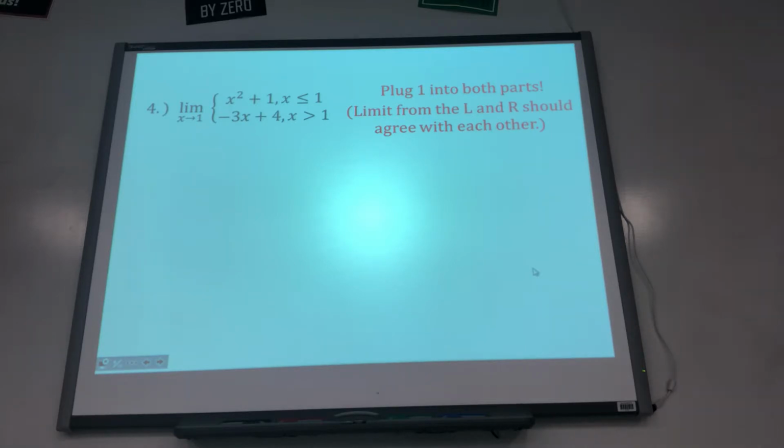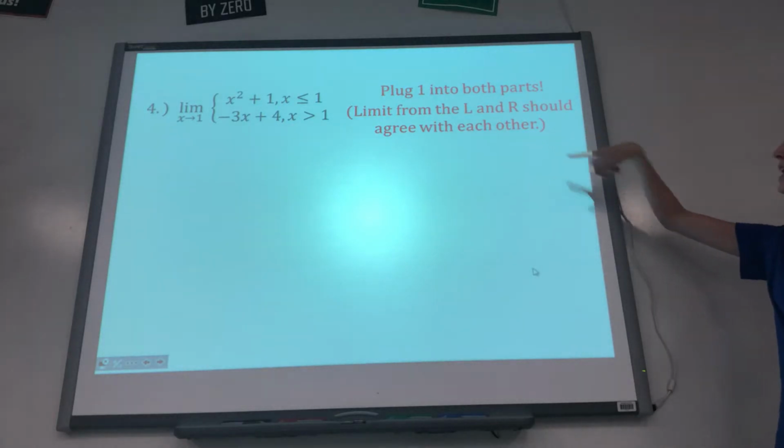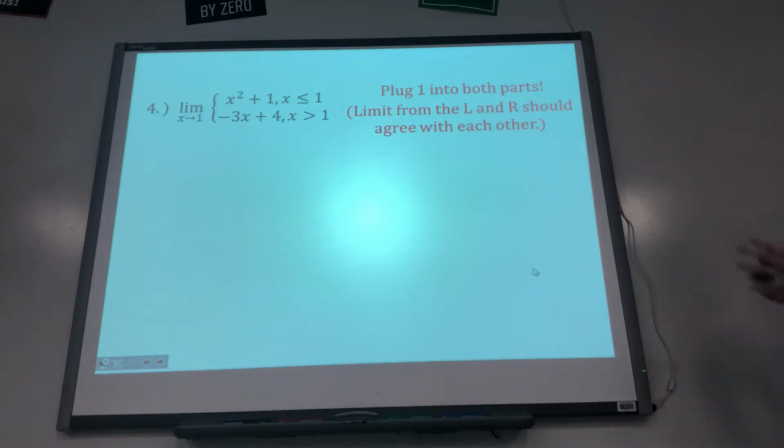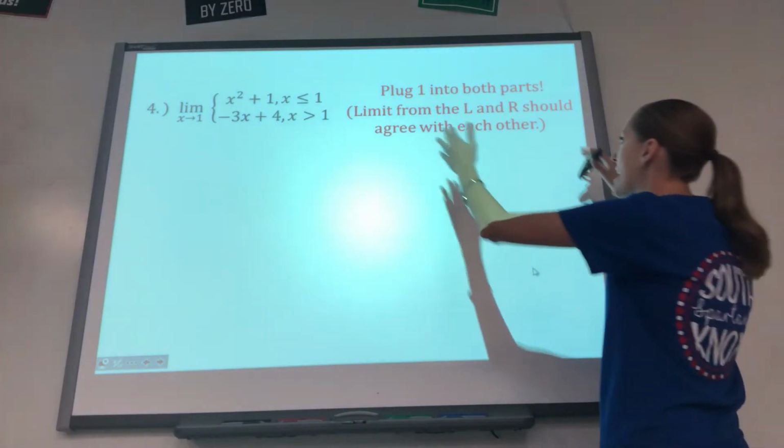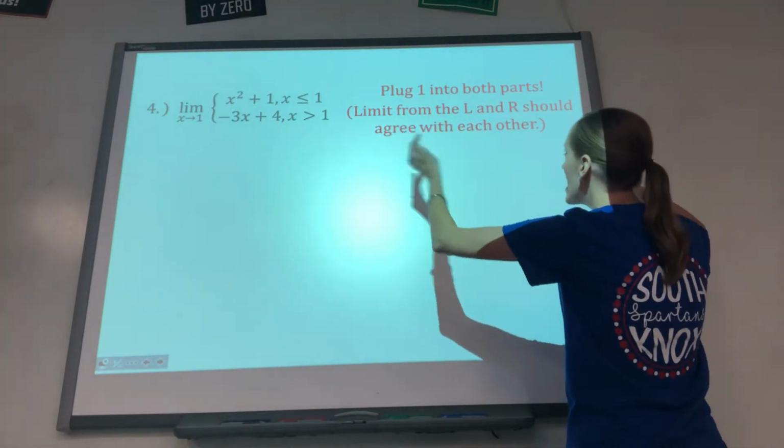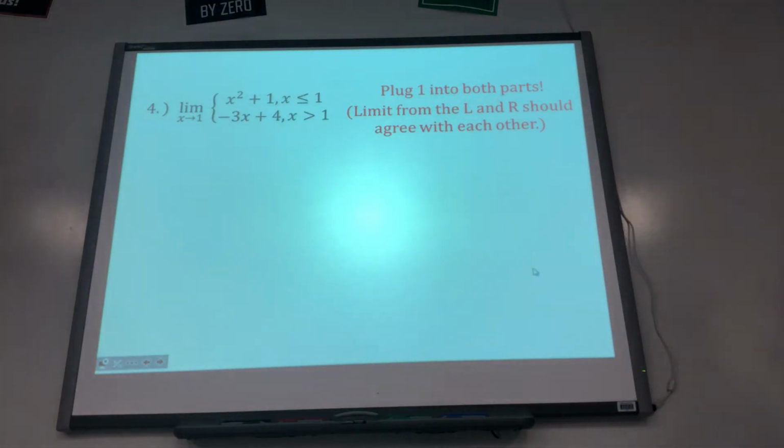Now, the part in parentheses here, when I put something in parentheses, it almost seems like it's not as important, but actually, it is very important here. When you plug that 1 in, the limit that you get from the left and the right, L and R, left and right, should agree with each other.